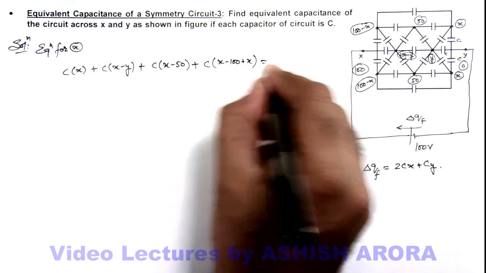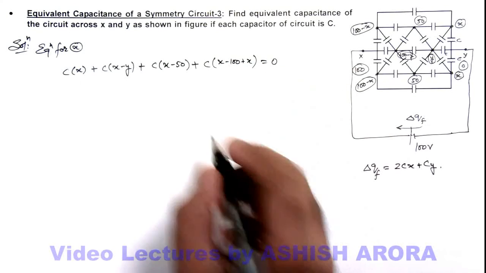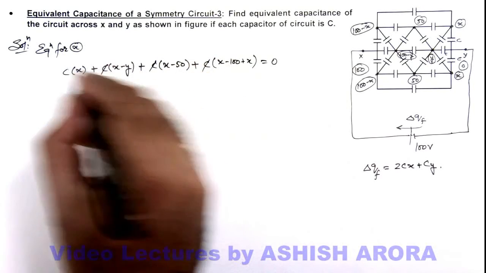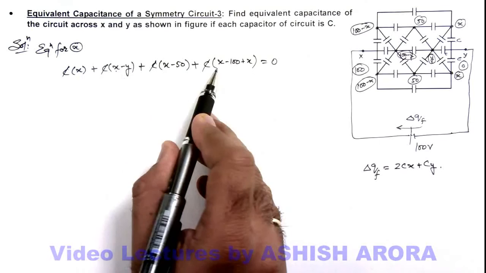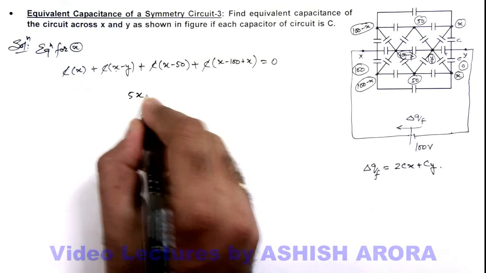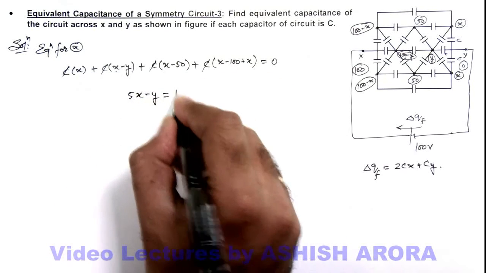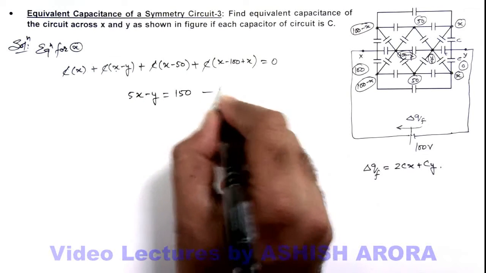This should be equal to 0. Here the C gets cancelled out, and on simplifying we are getting 5X minus Y is equal to 150. That is equation 1.